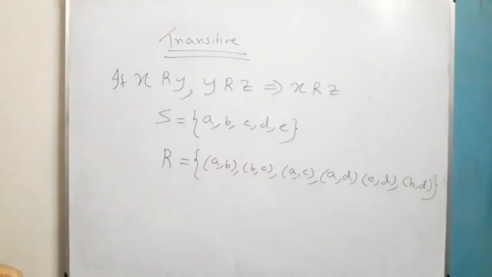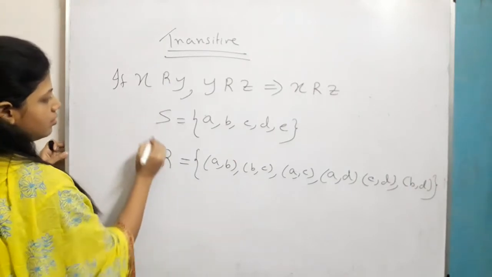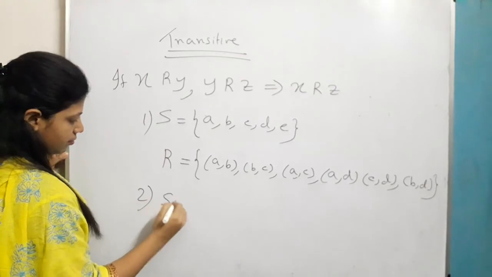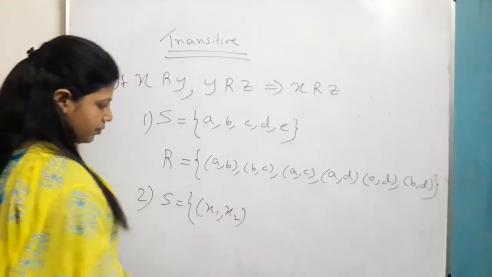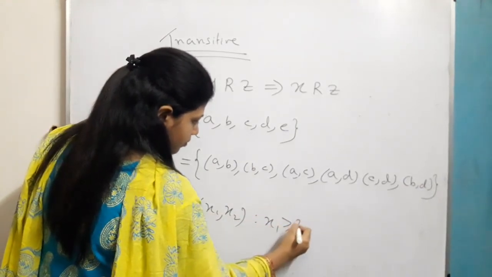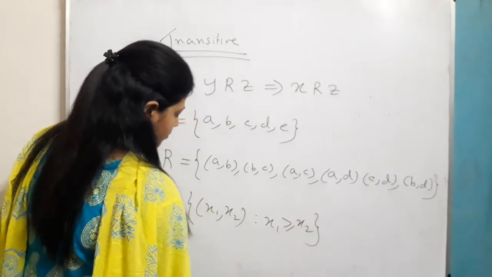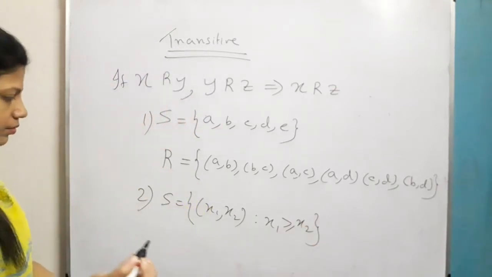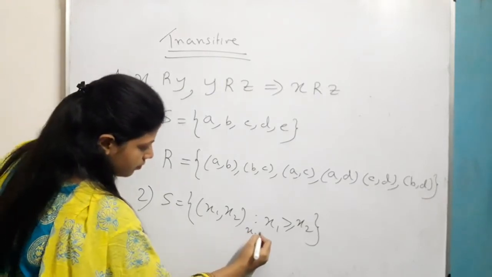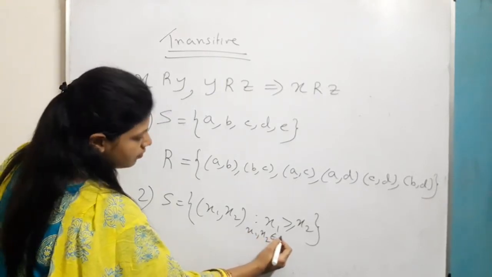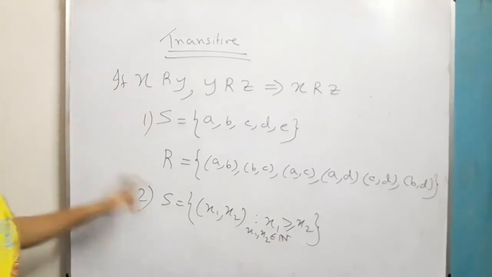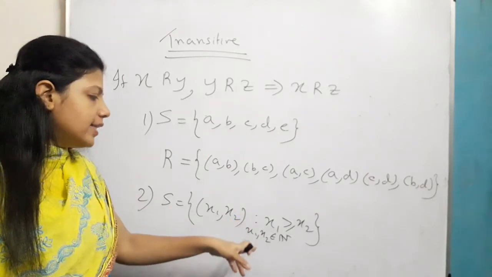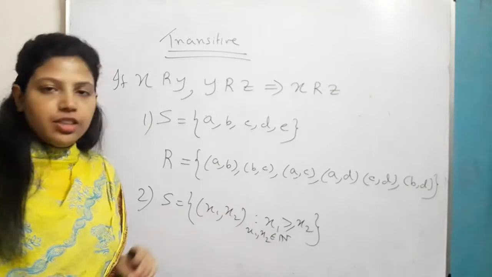Now write down this one. It is one more example. x1 and x2, two numbers are there. x1 greater than equals to x2 and both are natural numbers.